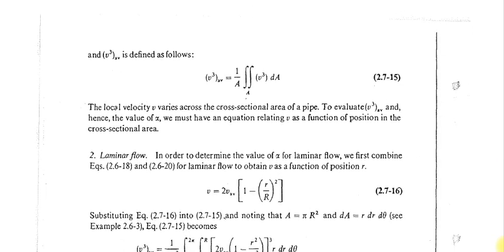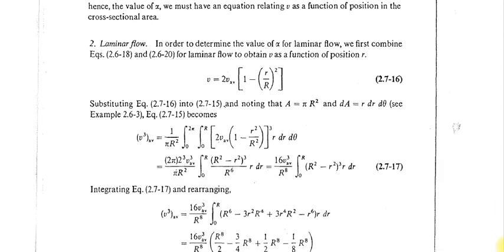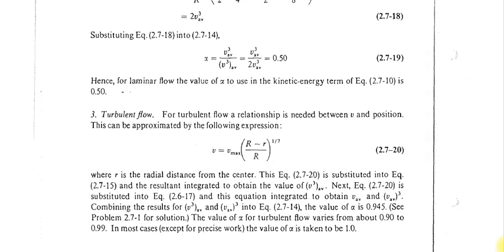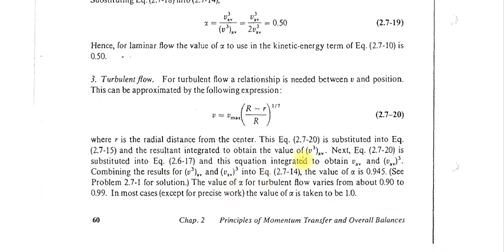Generally you need not define all the terms or remember all of them. You just have to remember this line here on page 60, that for laminar flow the value of alpha in the kinetic energy term is 0.5.